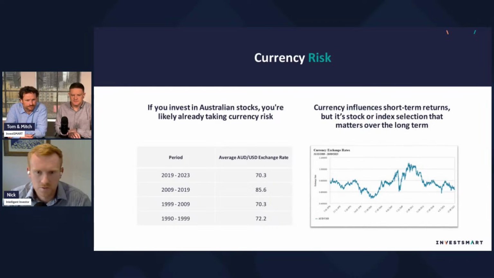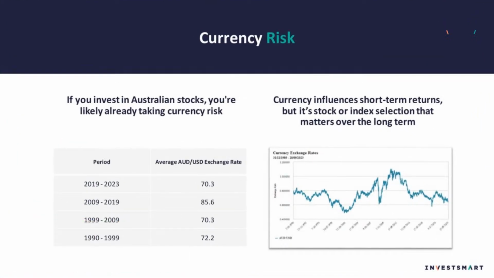Yeah, absolutely. I think one of the biggest pushbacks is just what we see on this slide here. It's currency risk. People don't want to have currency risk in a portfolio on top of stock and index risk. It just complicates things. But what we find over time is currency really only influences short-term returns. In the long term, it's actually stock selection and index selection that matters.